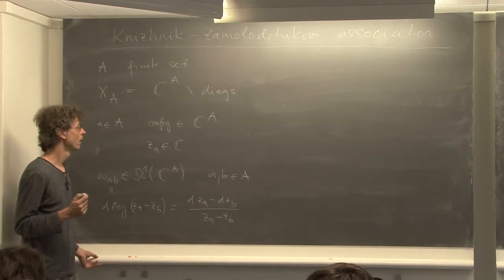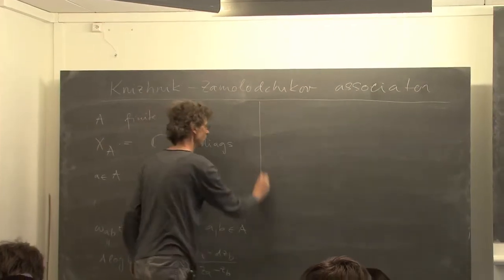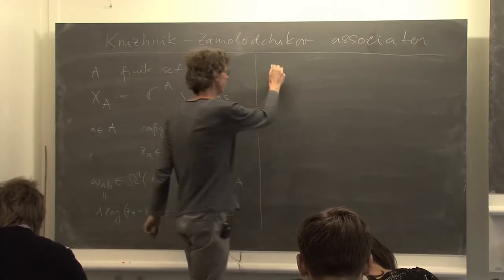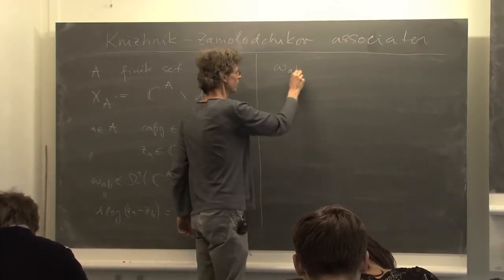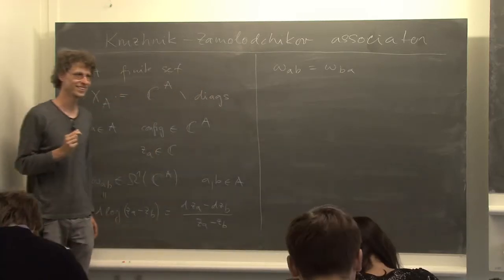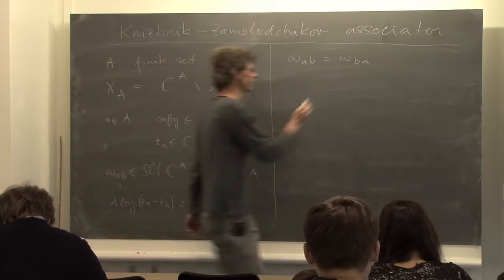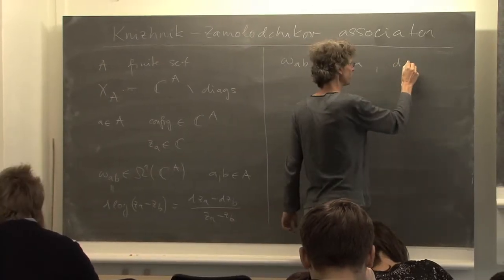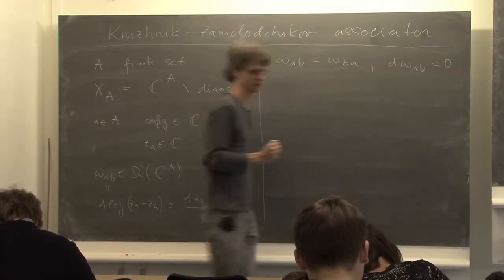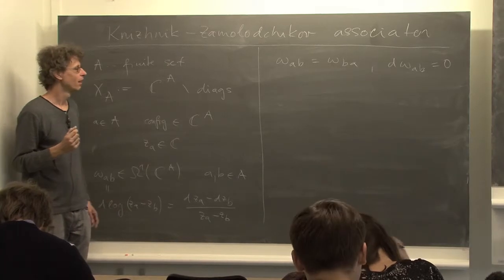It's okay. Now these forms satisfy some easy relations. First of all, omega_AB is equal to omega_BA, that you hopefully see. Another easy relation is that those things are closed, since it's d of somebody, a multivariate function, but still it's d of somebody.